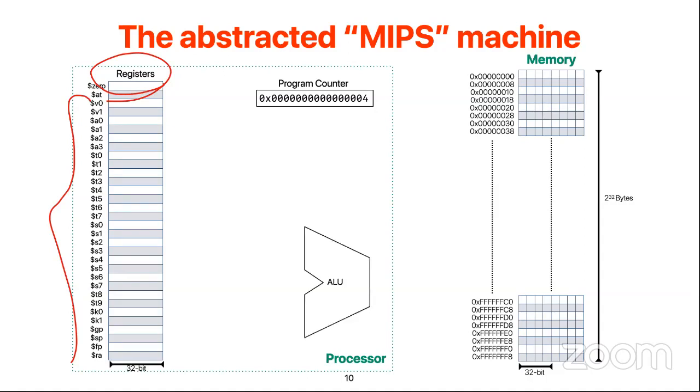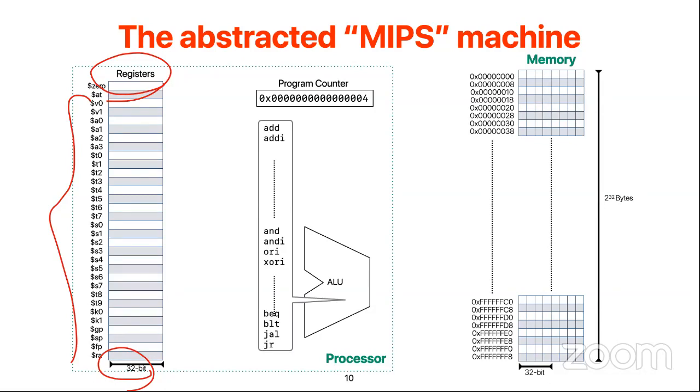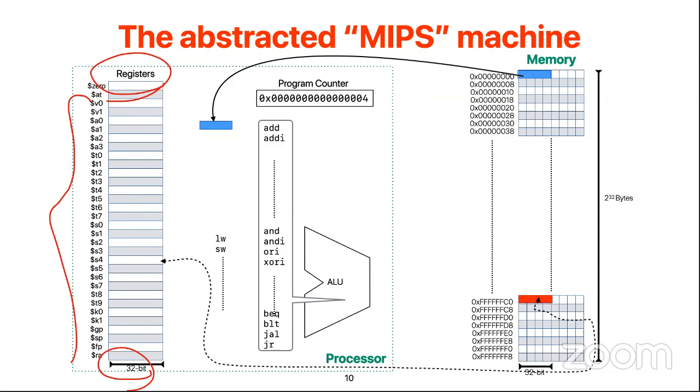Each register is 32 bits wide. The processor has an ALU that supports these operations, which you might learn later. Whenever you need to execute an instruction, we go to the address pointed to by the program counter. And if you want to access the data memory, you have to use load and store instructions.